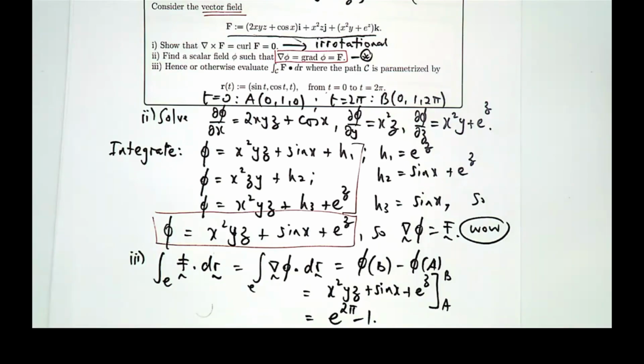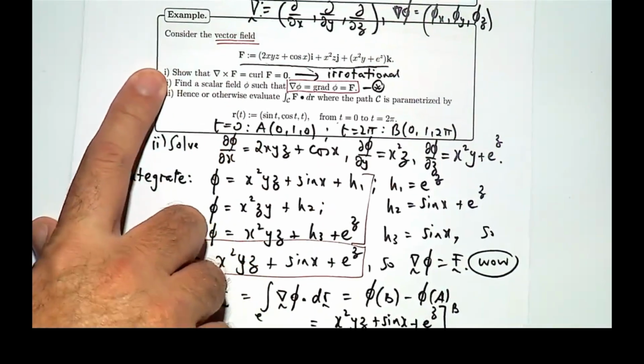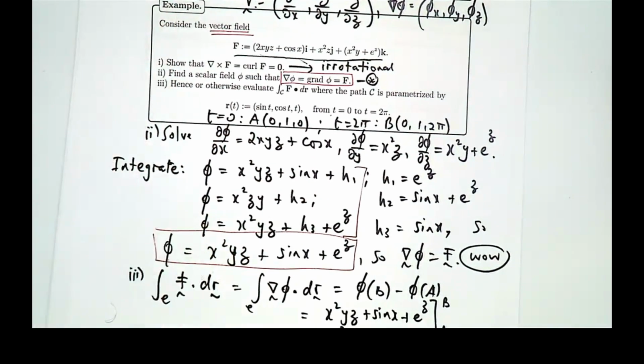You should try to look to save time whenever you can with these line integral problems. A good question here: how did I know that I could solve these equations? Well, that's where the first part comes in. All irrotational fields, so you take the curl, you get 0, have this property.